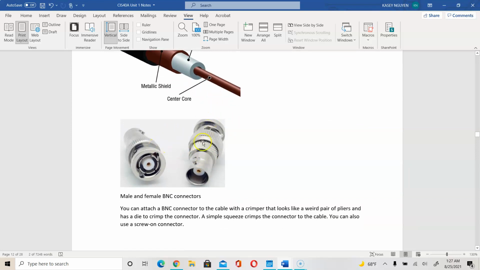Now these connectors are used for coaxial, and they are referred to as BNC. You would have a female, or we would have a male. Often you would see more of a male, and sometimes you might be able to extend it using the female.